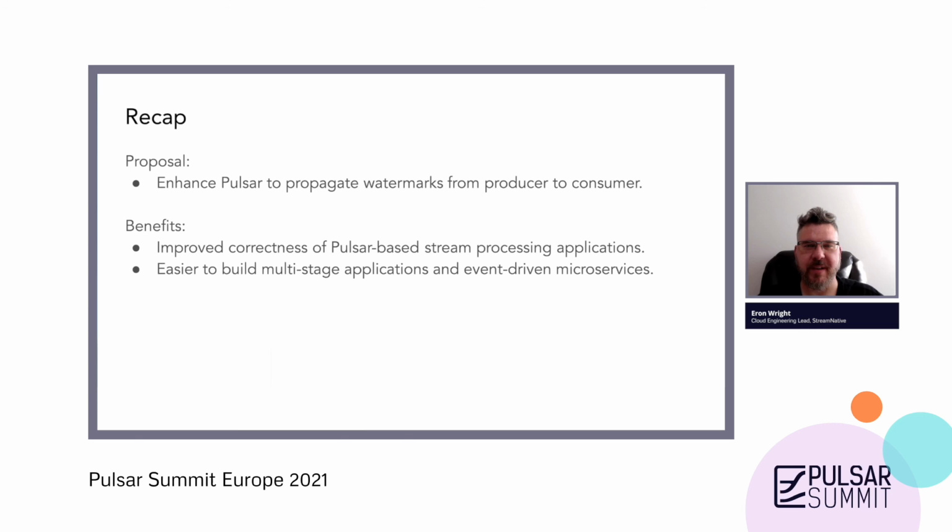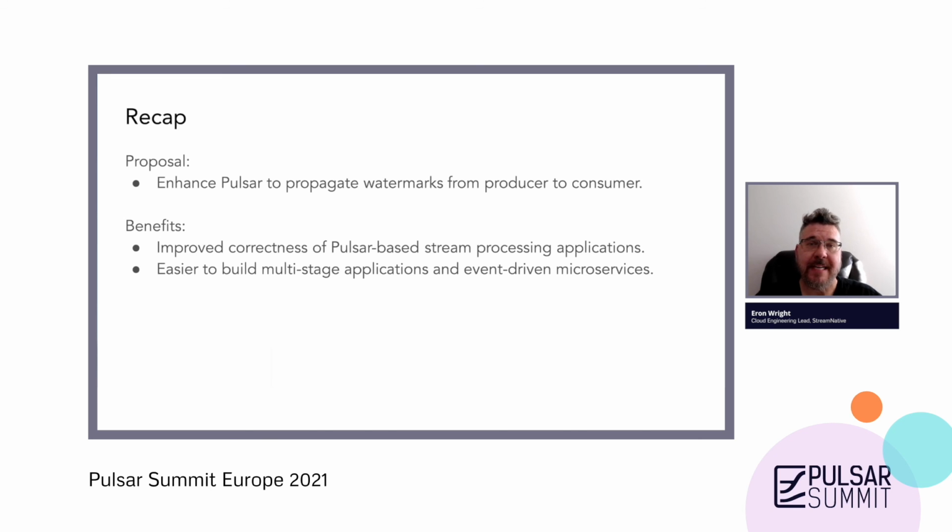Let's recap what we've talked about. PIP 102 introduces an enhancement that will propagate watermarks from producer to consumer. The rationale is to improve the correctness of stream processing applications that use Pulsar topics.